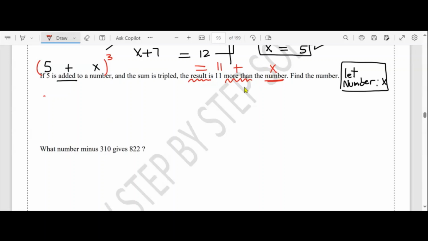No. X. So you're going to put 5. Now write it back in algebra. So it's going to be 5x cube equals what? 11 plus 11 plus x. You put it to the left side. But then you multiply, you break the brackets.